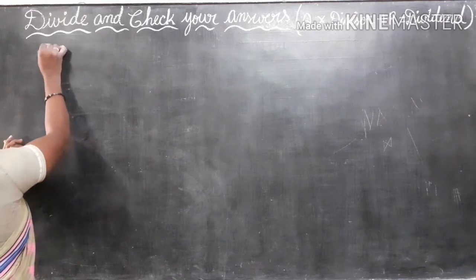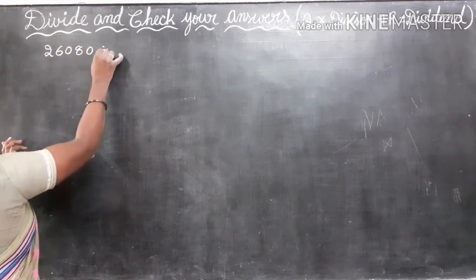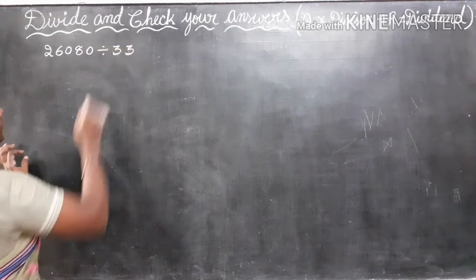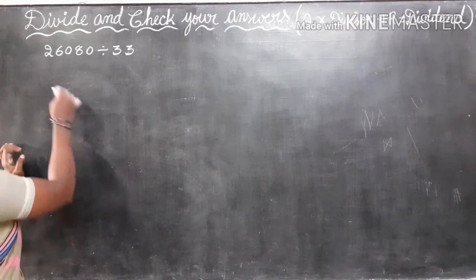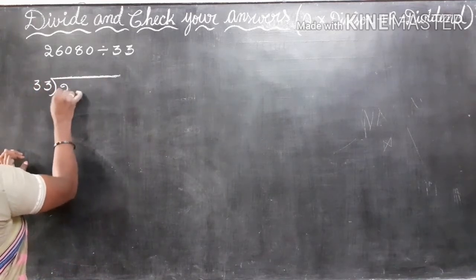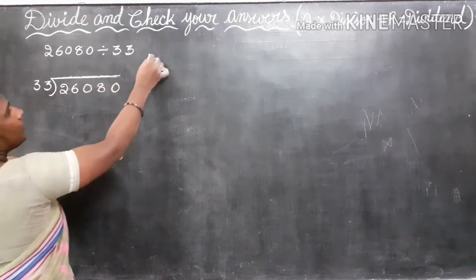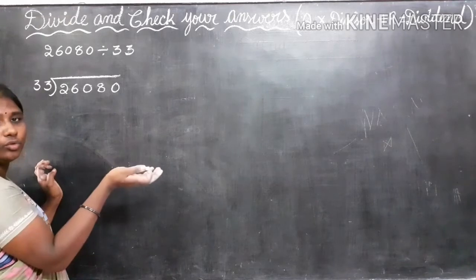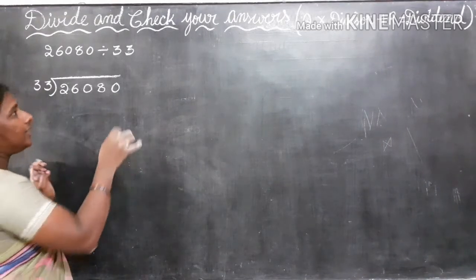Next one is 26,080 divided by 33. So we have to do division with 33. First, 33 ones are 33, 33 twos are 66, 33 threes are 99, you know.